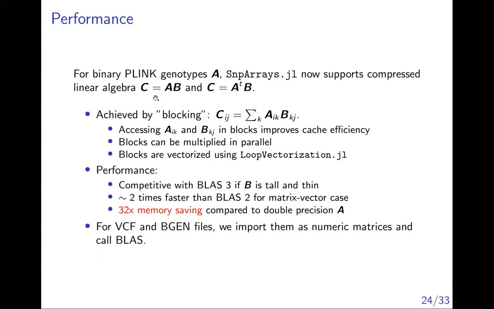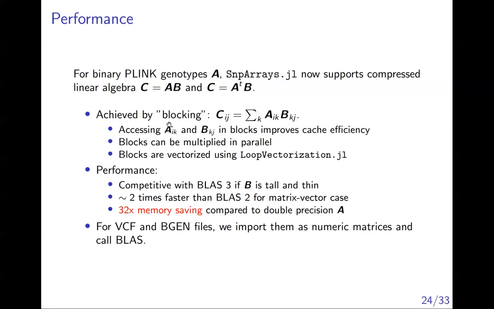So how do we do that? What we do is we employ this blocking strategy, or the tiling strategy. So it takes this representation of C, where you can cut C into smaller blocks, and then each of these smaller blocks can be computed by this tiled product. The advantage of doing this is that because these smaller blocks of A and B are small, accessing smaller blocks will improve cache efficiency.